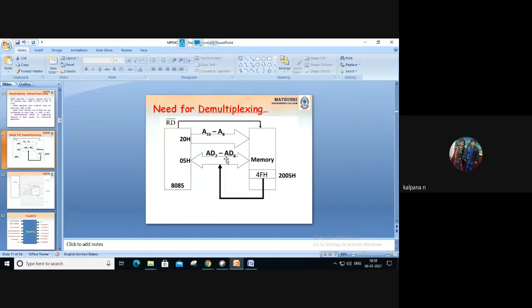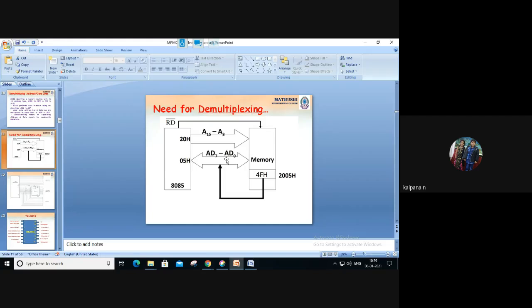So for every instruction, some time will be allocated, and this time is equally divided into four parts, and they are T1, T2, T3, T4.